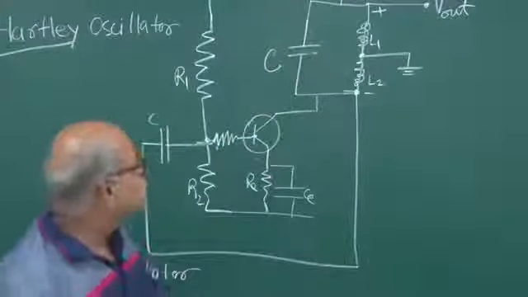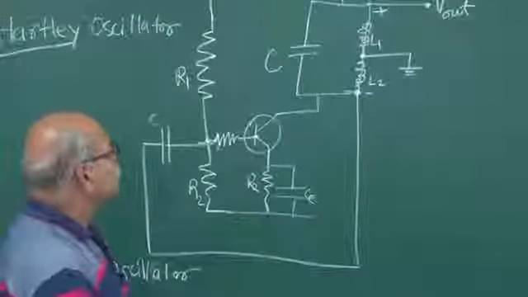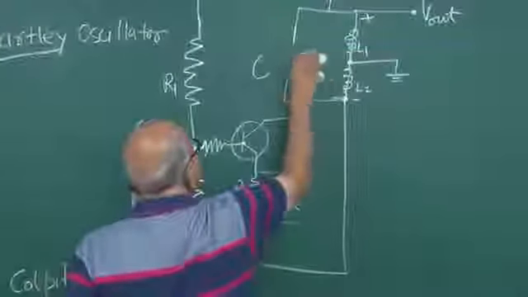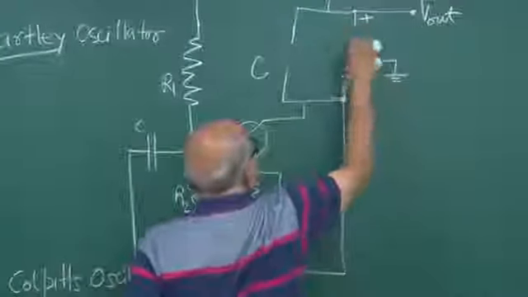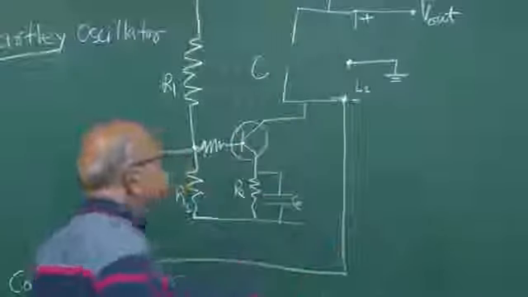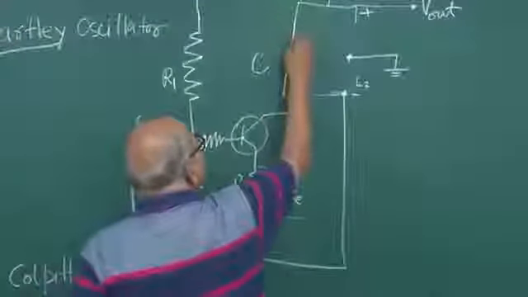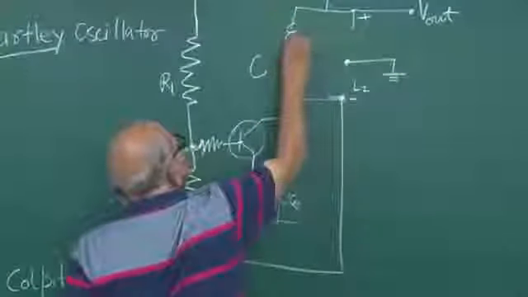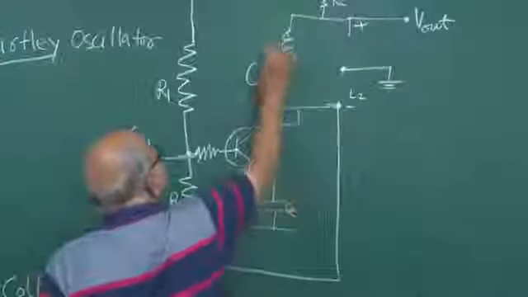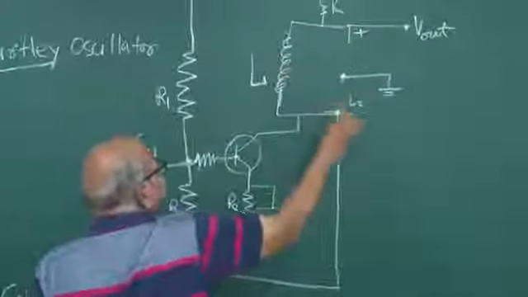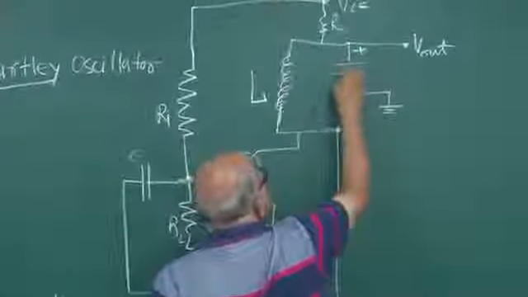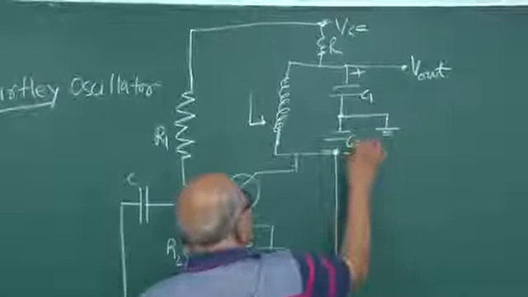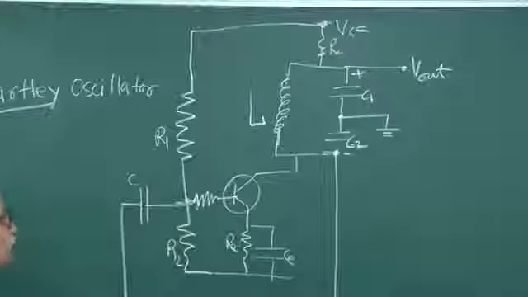So I can just modify this design itself. You will have an inductor here, this is L, and then you have two capacitors here, C1 and C2. So this also works well. This is known as the Colpitts oscillator.